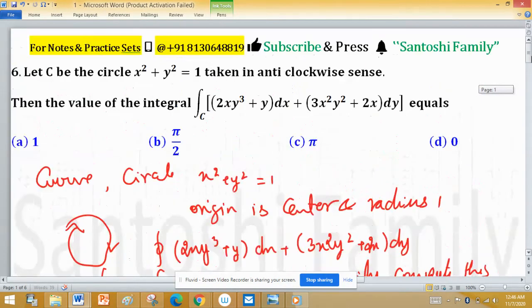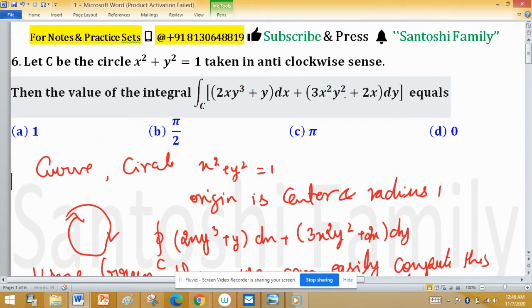You can check here, 3x square y square plus 2x.